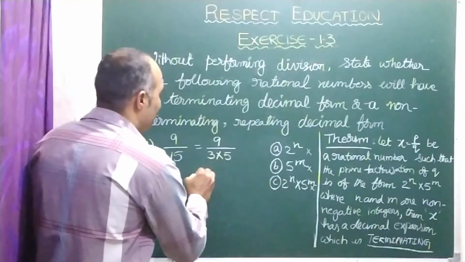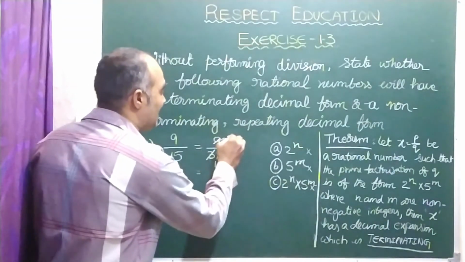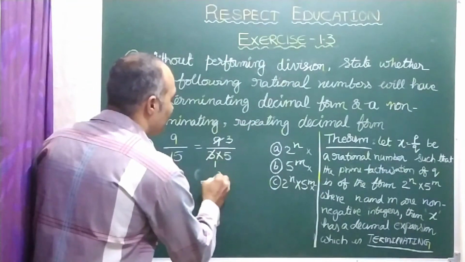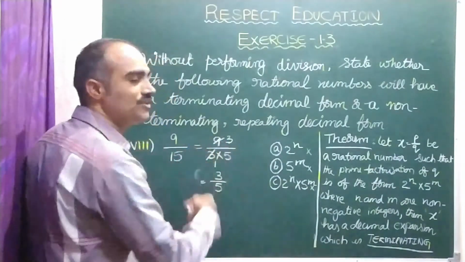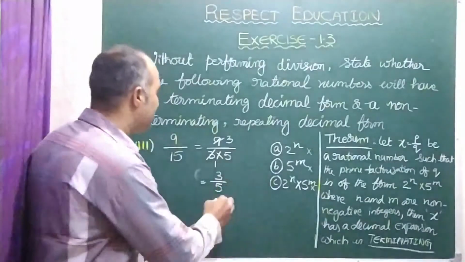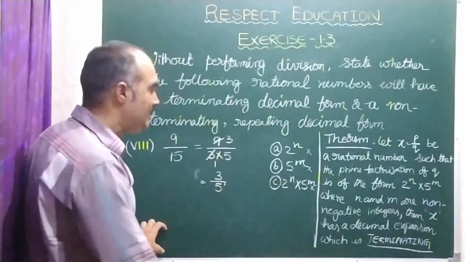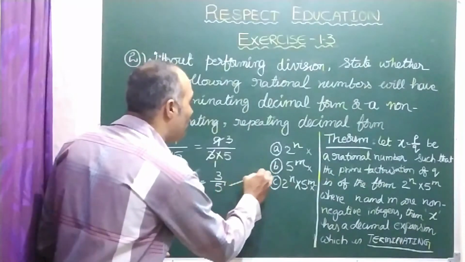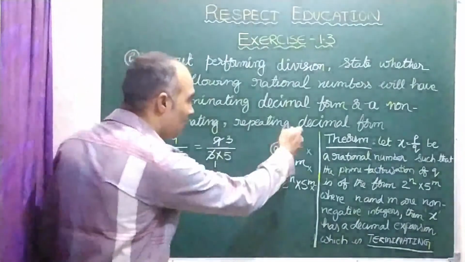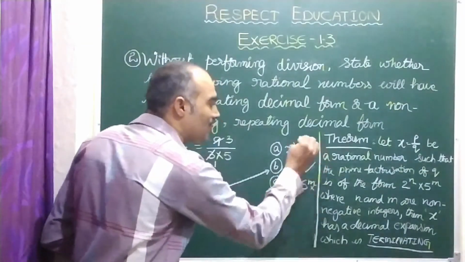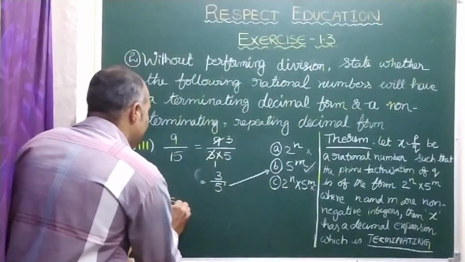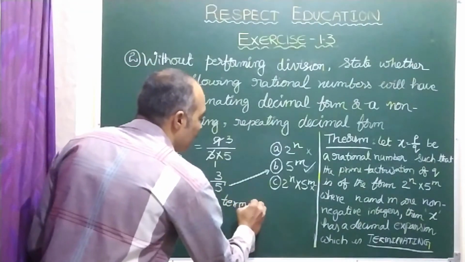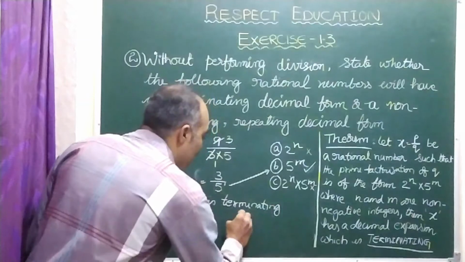Just observe, 3 1s are 3, 3 3s are 9, right? So this problem can become 3 by 5. Now you observe, it is 5 power 1, right? So the prime factorization of q is of the form 5 power m or not, right? Out of these 3 cases, this case gets satisfied or not, right? So it is terminating decimal form.